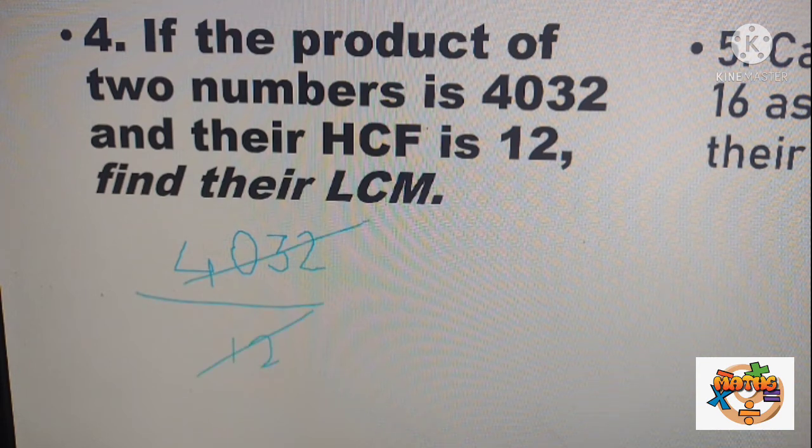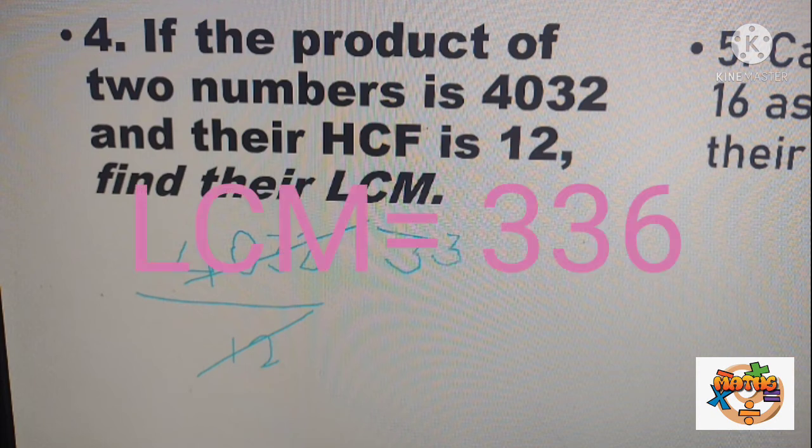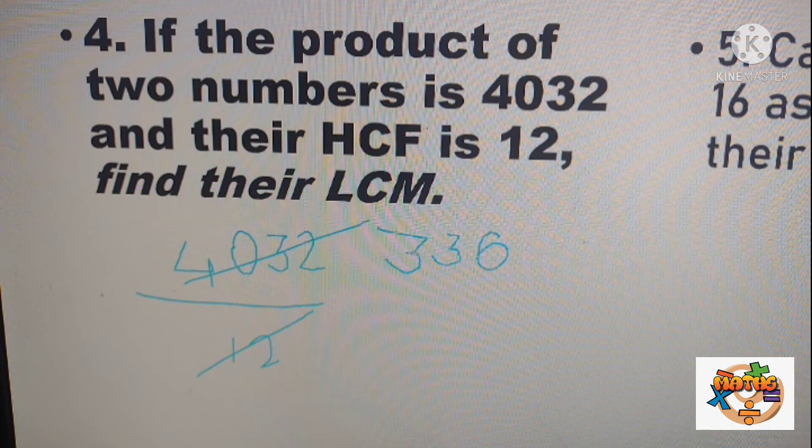Okay. So 336 is our quotient, so that means 336 will be our LCM and the answer of question number 4.